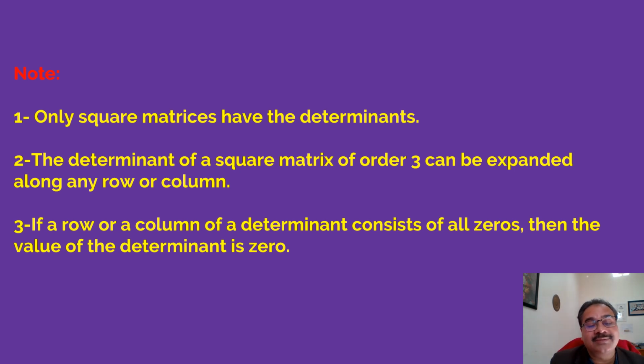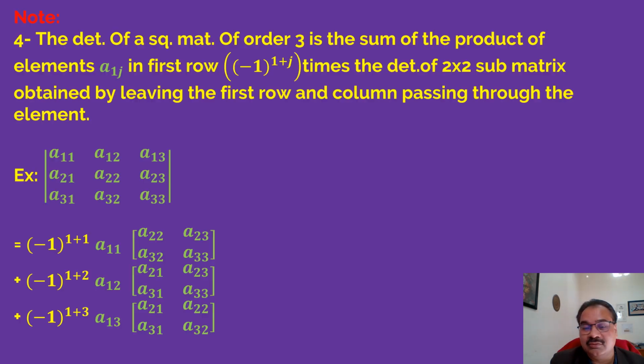Second, the determinant of a square matrix of order 3 can be expanded along any row or column. Third, if a row or a column of a determinant consists of all zeros, then the value of the determinant is 0.